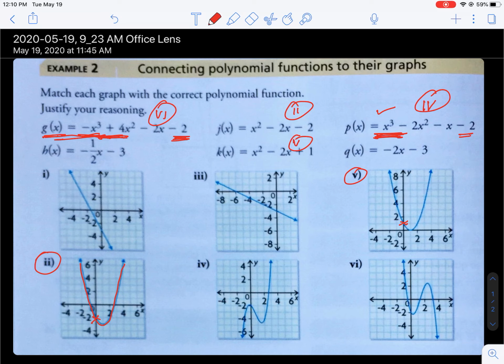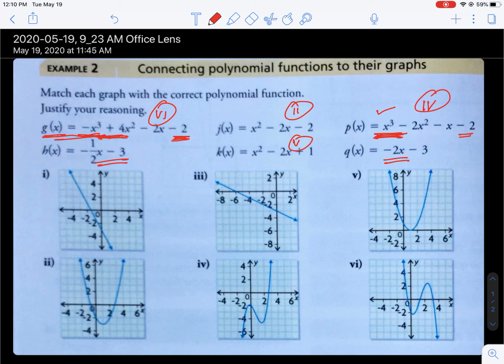Okay, so what are we left with? We are left with straight lines. Straight lines are always linear equations and always shown by, whenever you see the leading power as 1, so this one is a linear and this one is a linear function, okay, or equation.